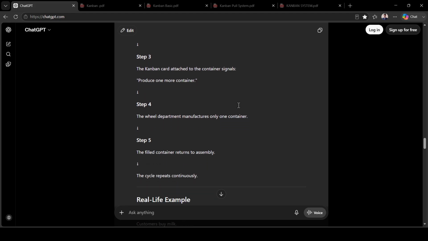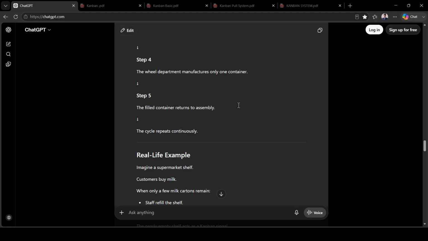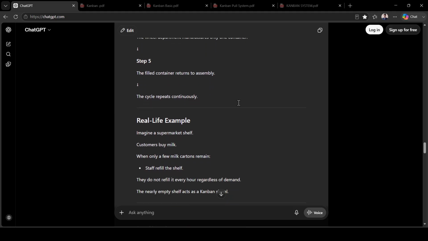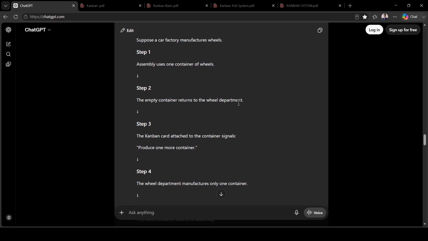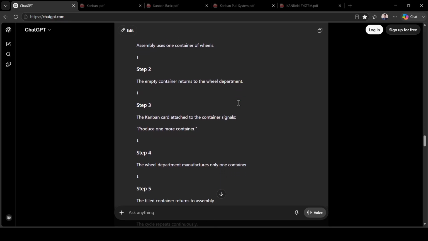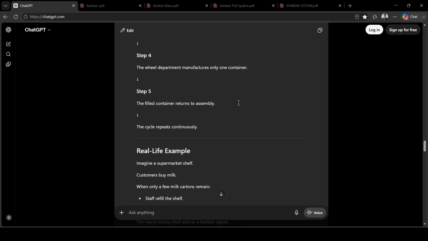Step 4. The wheel department manufactures only one container. Step 5. The full container returns to assembly and the cycle repeats continuously. So this is step 1, step 2, step 3, step 4 and step 5.